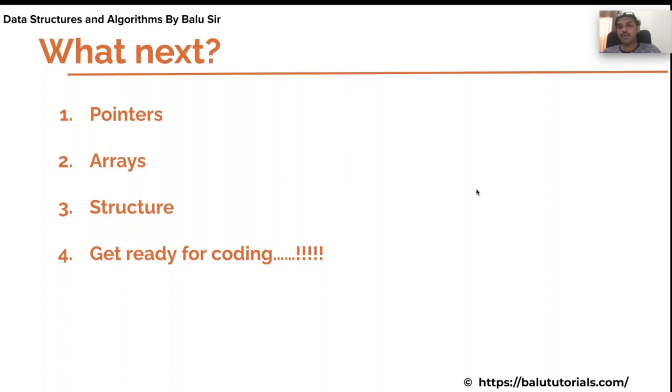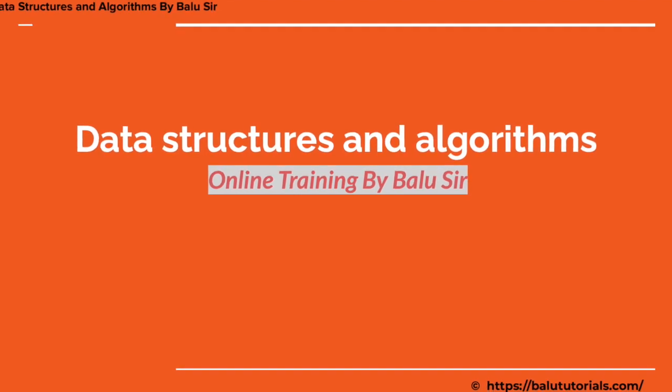Because in order to implement a data structure like a linked list, stack or queue, we should know the fundamentals of pointers, arrays and structures. So before moving on to data structures, we will briefly check these things with some code and see how they are implemented.